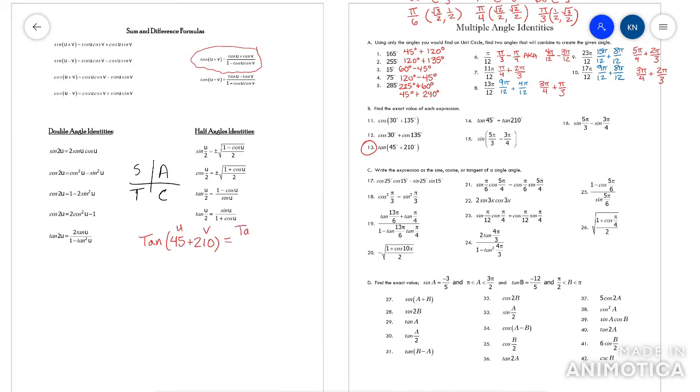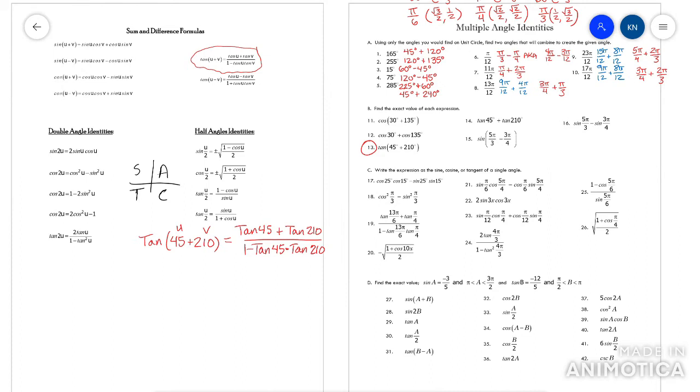So it's going to look like tan of U plus tan of V over 1 minus tan U times tan V. Okay, just like that.